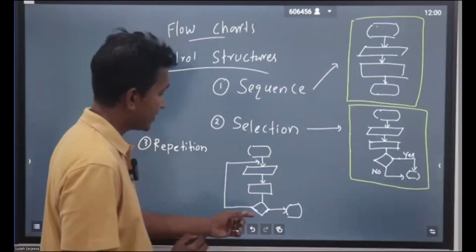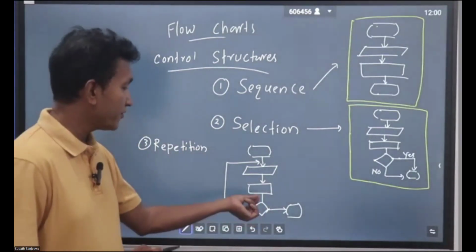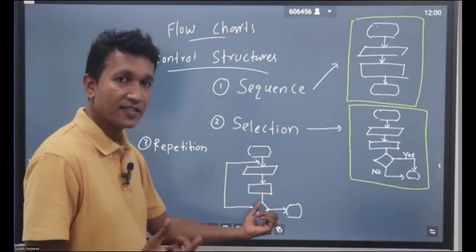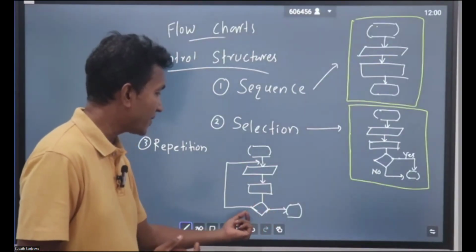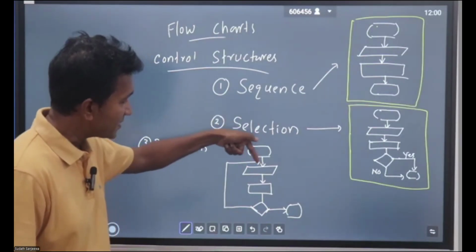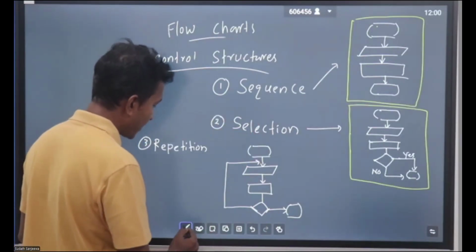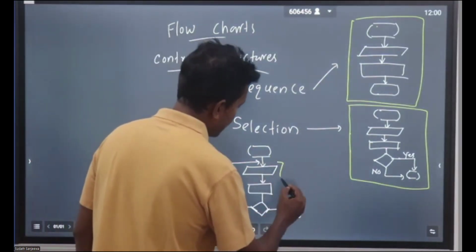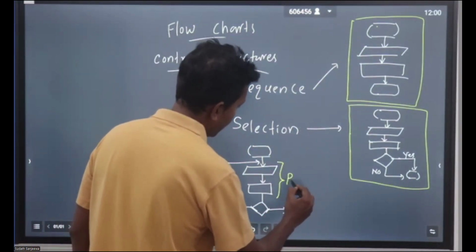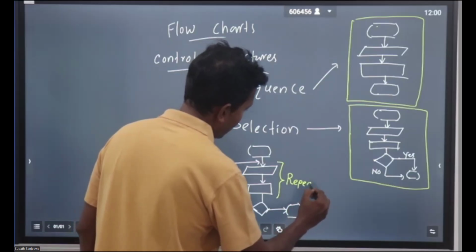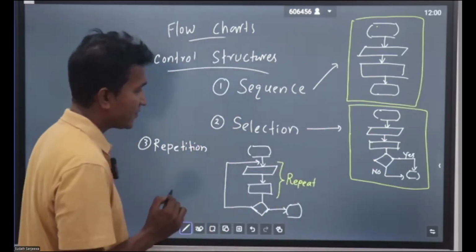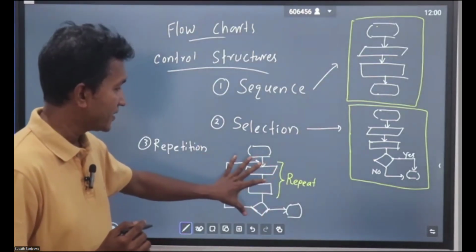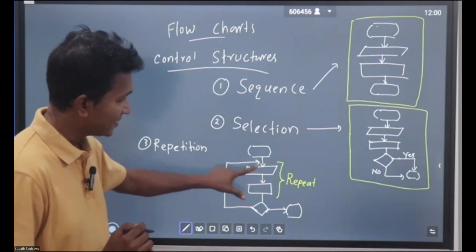But it is like this. That means the flow is going from the bottom to top. Depending on a condition, we have to repeat one or several steps. These steps will be repeated. That is why we call it repetition. So there are repeating steps.